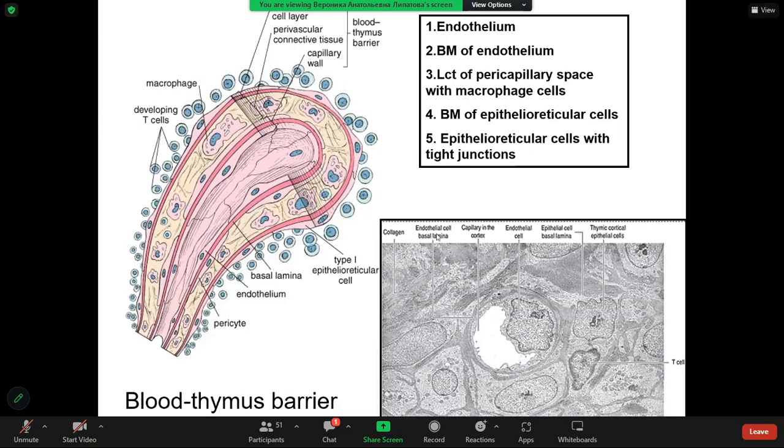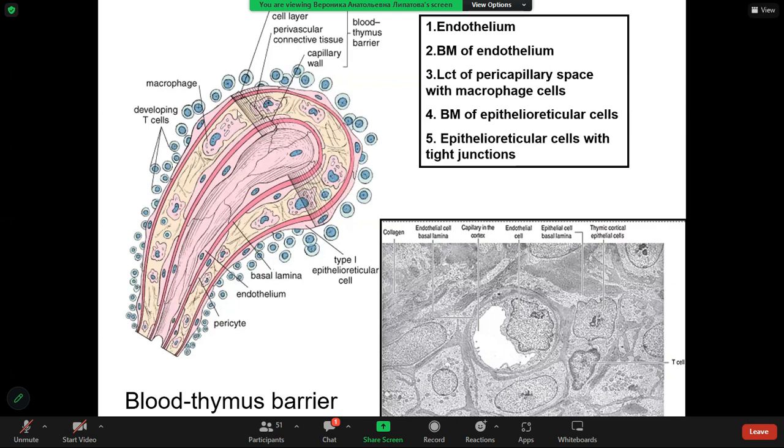It's necessary to know that the blood-thymus barrier is situated in the cortex, and its components include the endothelium, first type, this continuous endothelium. After this, the basement membrane, continuous basement membrane. After this, loose connective tissue with macrophages in it.